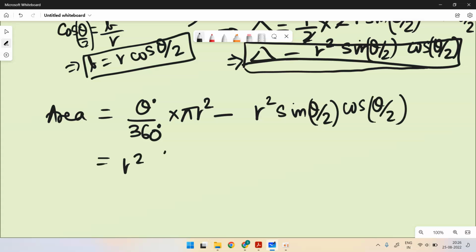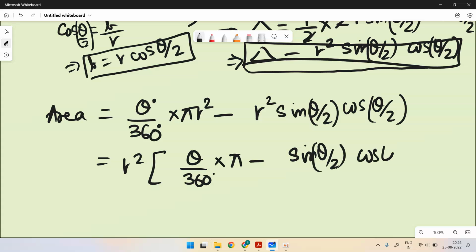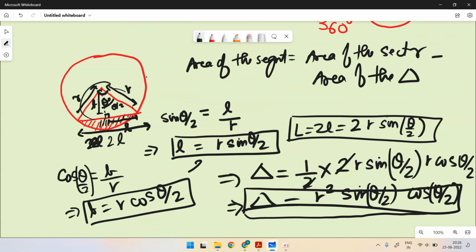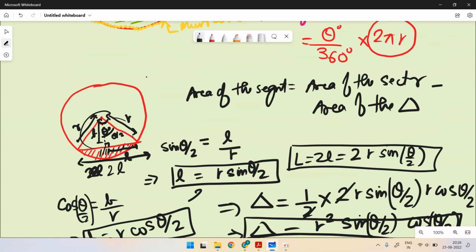You can take r square common: r square times theta by 360 into pi minus sine theta by 2 cos theta by 2. This is the area of the shaded region.